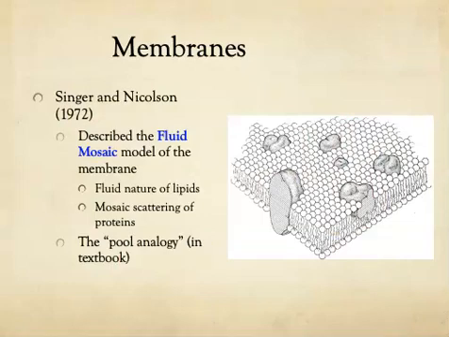Remember, we currently hold true the idea of the fluid mosaic model of a plasma membrane, and that model was developed by Singer and Nicolson back in the early 1970s. Prior to that time, a couple of different models were proposed for what the membrane looked like. We knew that membranes had a lot of phospholipid in them.